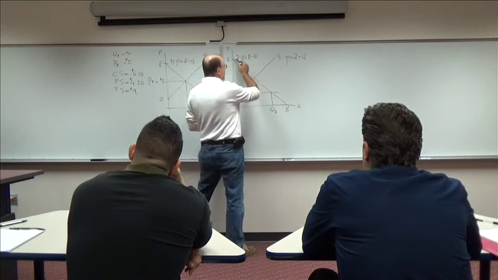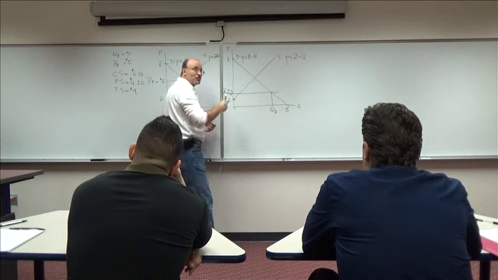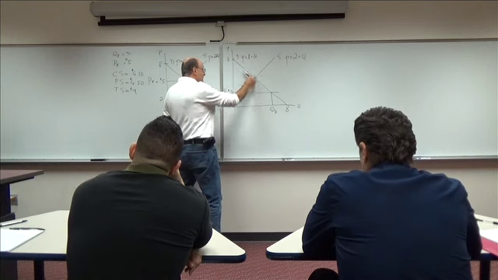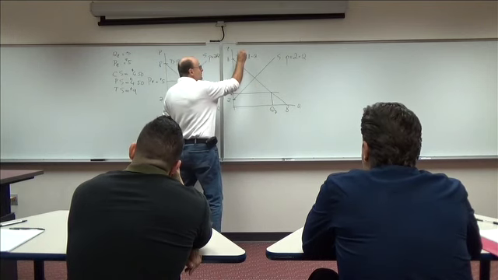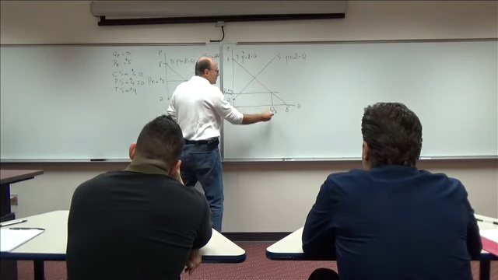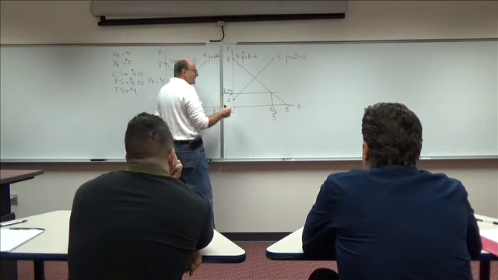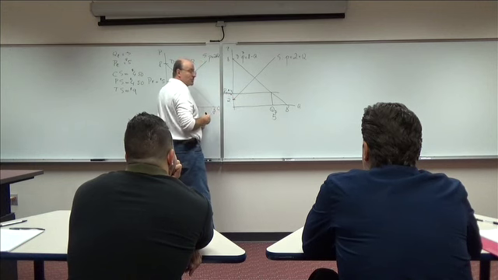Well, demand curve, which tells you what consumers are willing and able to buy, tells you that at price 3, consumers are willing and able to buy 5 units, exactly. On the other hand, how do producers feel about such low price? They don't like it.